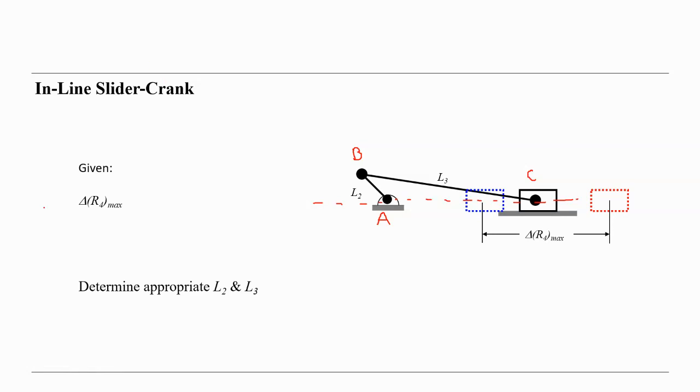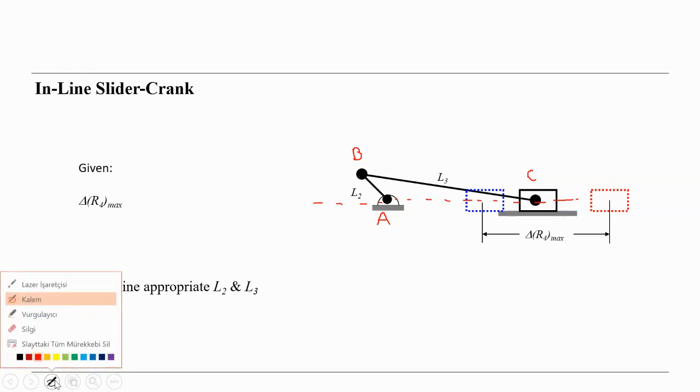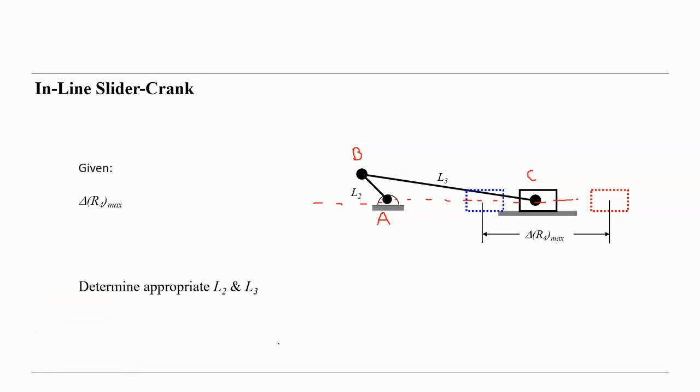The type is already selected, but why do we select the type? Because we need an output motion, like this, which must be given.